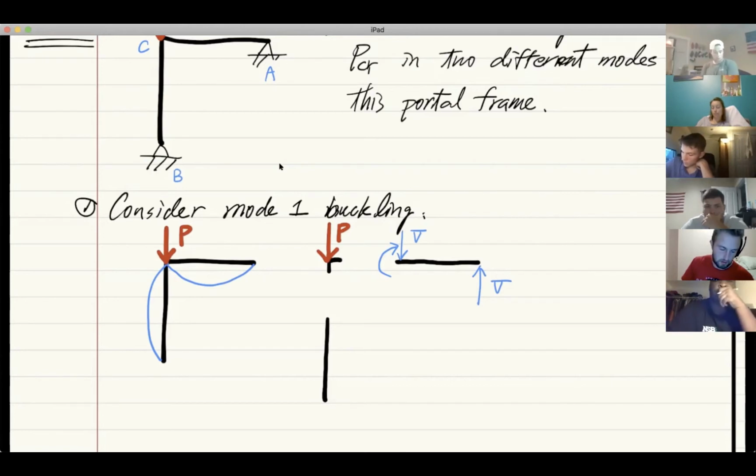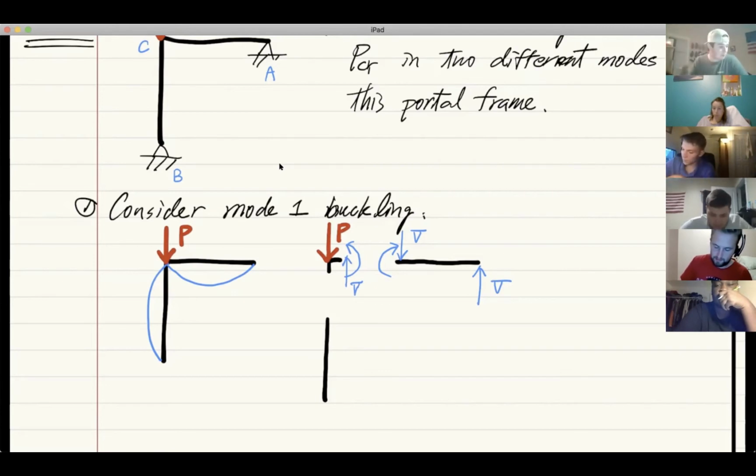That means there's another moment goes like this in the opposite direction, and what happens to the shear? The shear will have to go in the opposite direction in order to balance it, right? So if at one end it goes down, which is this V here, on the other end it must go up. Would you agree? That's why internally they will all cancel out.